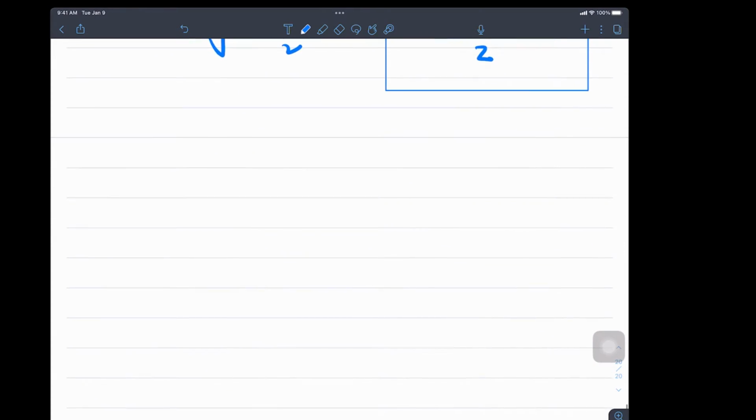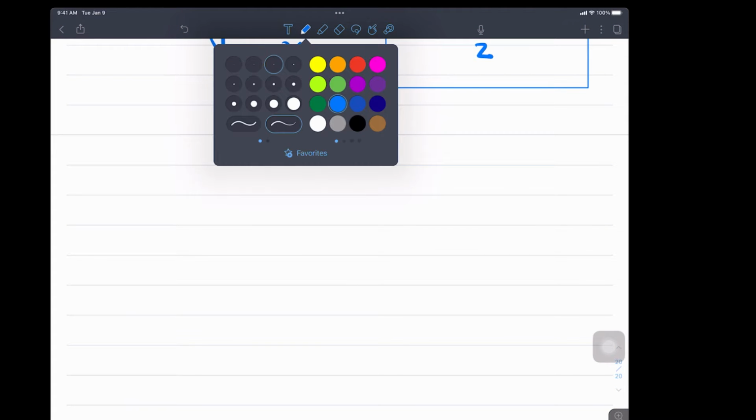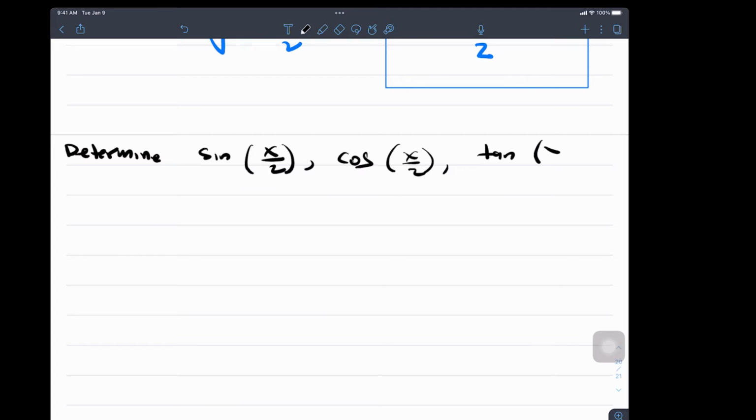And now even looking at the book here, you know, they're going to give you questions like this. Determine what? Sine x over 2, cosine x over 2, and then tangent x over 2. So here's the example.